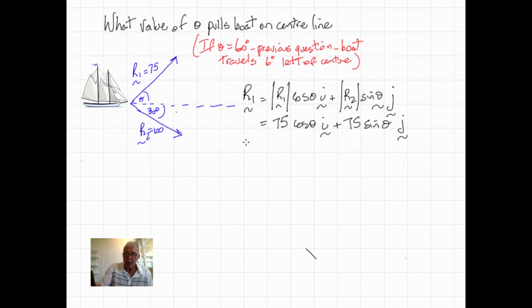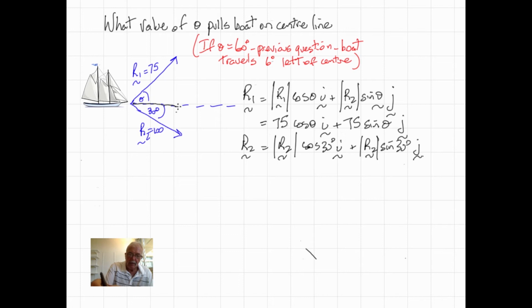We can likewise do this for R2. So let's just write down the absolute value of R2 cos of 30 degrees I. Okay, I've made a mistake here. It'll be sine of 30 degrees J. Now, remember we said that when we resolve R2, we're going to get an I component and a J component.